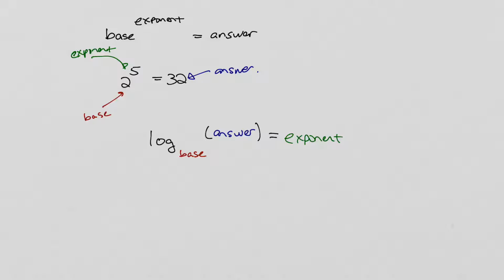So this 2 to the 5th equals 32, I could write that as log of my base, which is 2, of my answer, which is 32, equals 5, my exponent. So we can go back and forth between logs and exponents by switching them around like that.